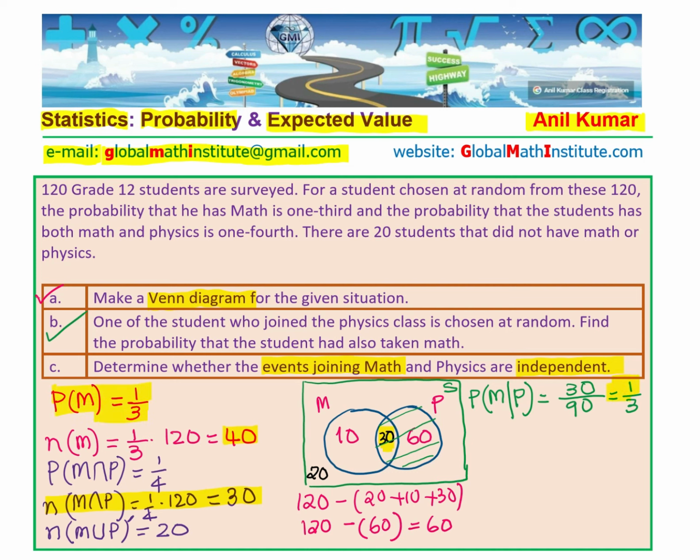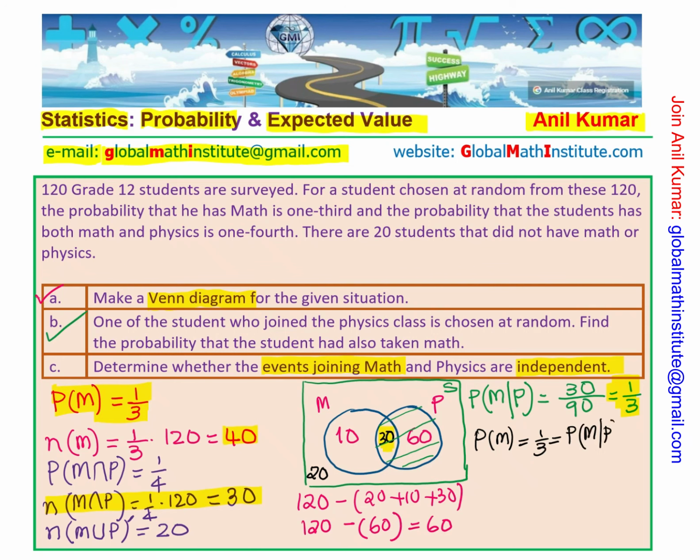And we see that the probability of math is also the same even if we select it from the students who had taken physics. You understand? So what we notice here is that the probability for math is equal to 1 over 3, which is also equal to the probability for a student selected from the physics group.